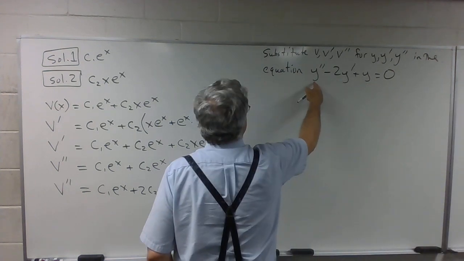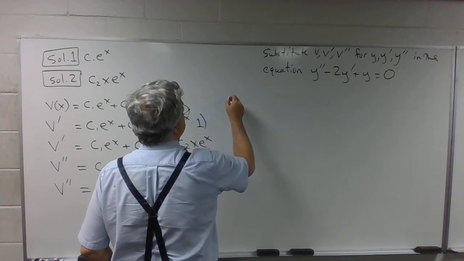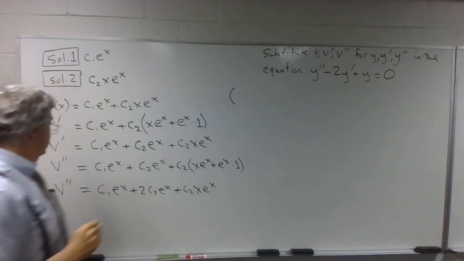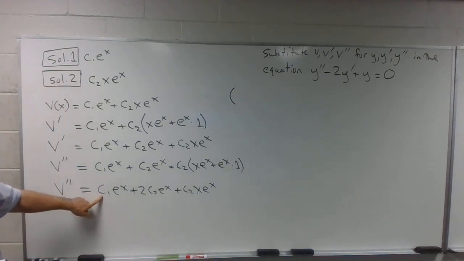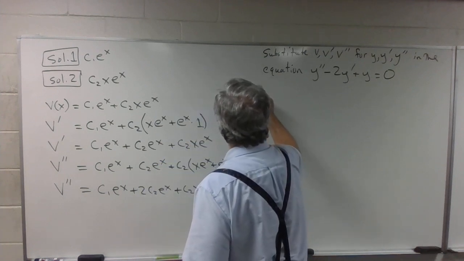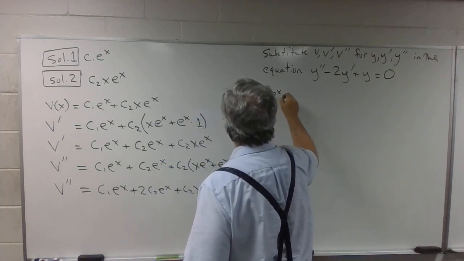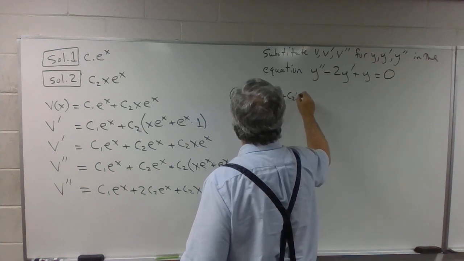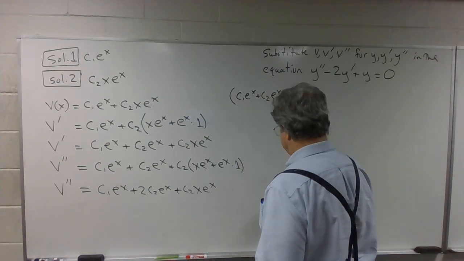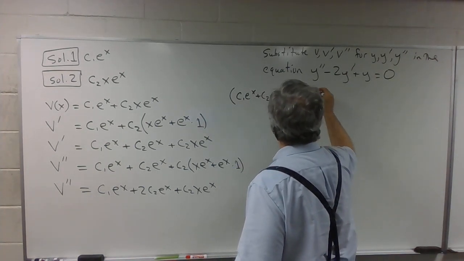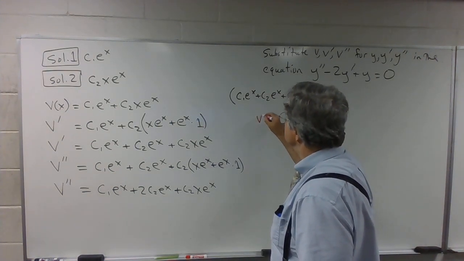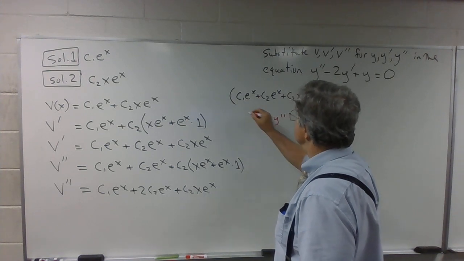Okay, so Y double prime. We're going to substitute V double prime in for that. So we get C1 e to the x plus C2 e to the x plus C2 x e to the x. So that's our V double prime, which equals Y double prime.